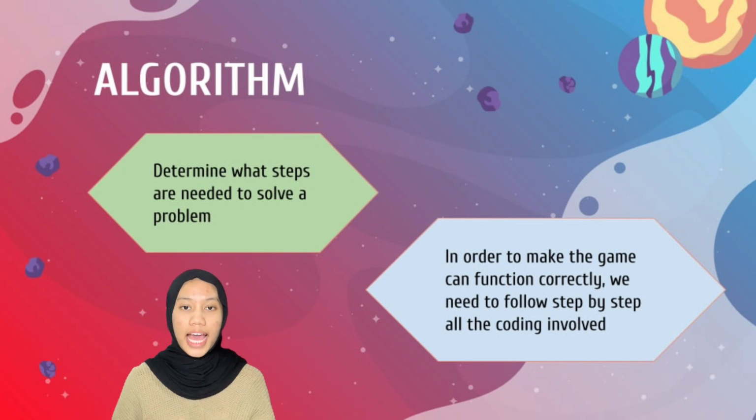Algorithm is determined as the steps needed to solve a problem. In order to make the game function correctly, we need to follow step by step all the coding involved.